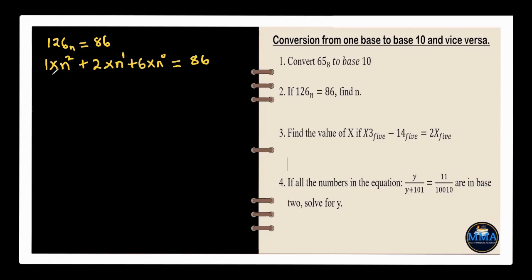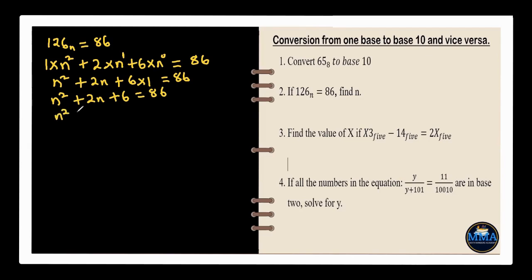So now let's clear what we have here. 1 times n squared is going to be n squared, plus this is going to be 2n. Now plus this is 6 times 1, n raised to power 0 is 1. This equals 86. So we have n squared plus 2n plus 6 equals 86.